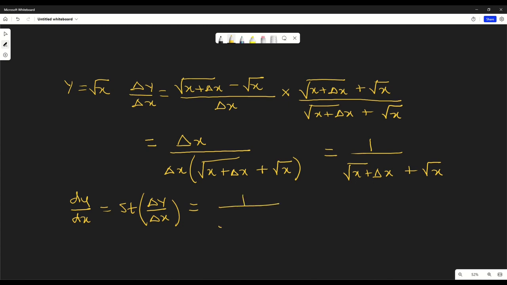So this becomes 1 over the standard part of root x plus delta x plus root x. And of course the delta x simply disappears here and we get 1 over 2 root x. And that gives us the derivative by first principles of the function.